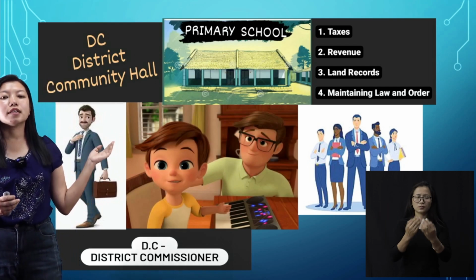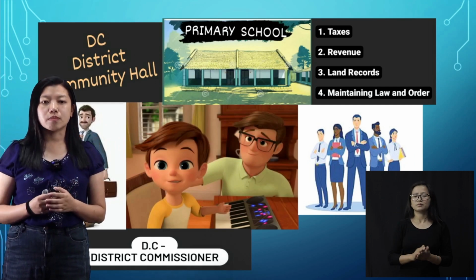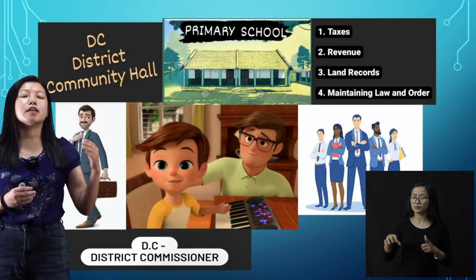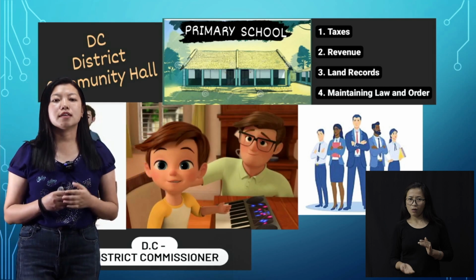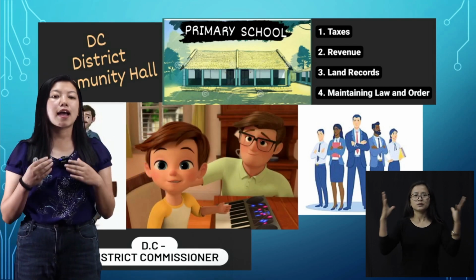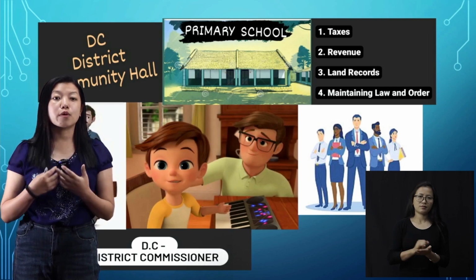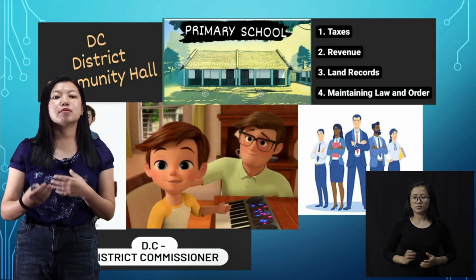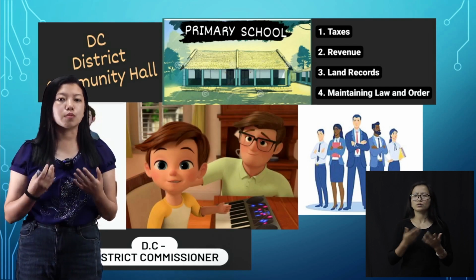He also came to know that the DC plays a very important role in our districts. Though he was studying in a primary school, he learned so many things, and when he was learning that, he began to have more interest. So he kept on asking his father, what does he do? How do they work?